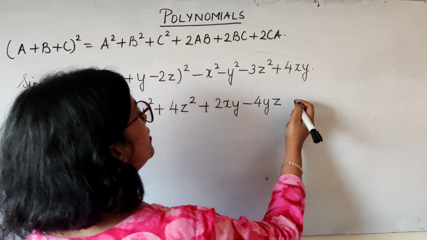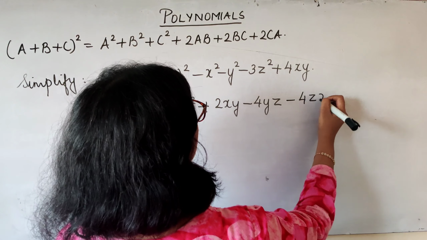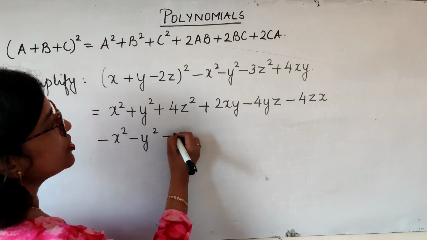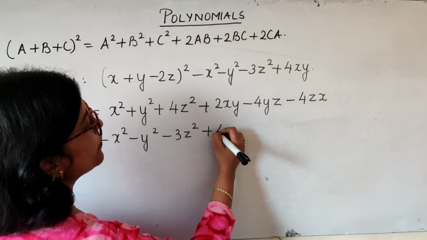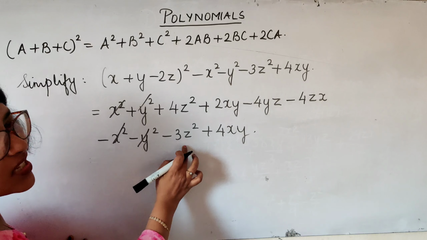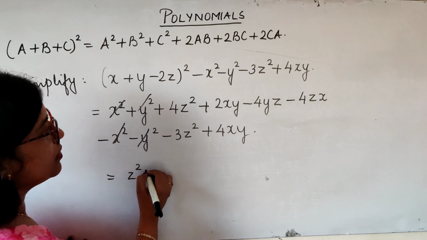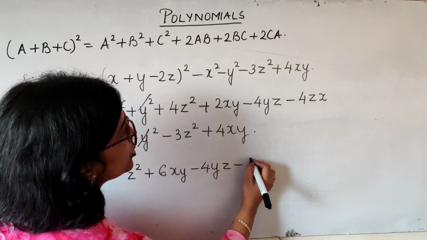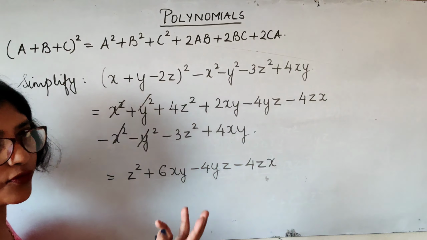So I have written that, and same way for the other. This one I'll write below as we have done in the earlier questions. We'll put this down. And what do we have? This gets cancelled. 4z square minus 3z square. 6xy.